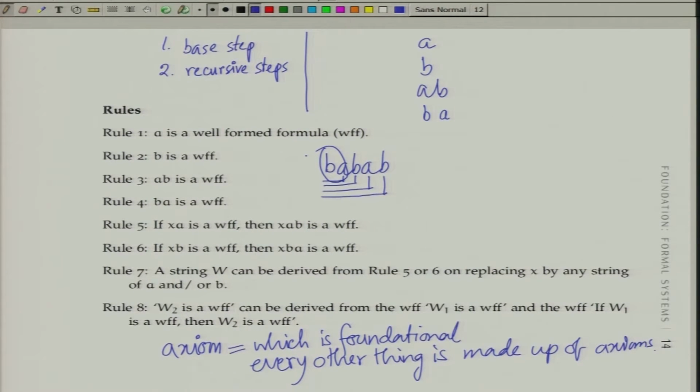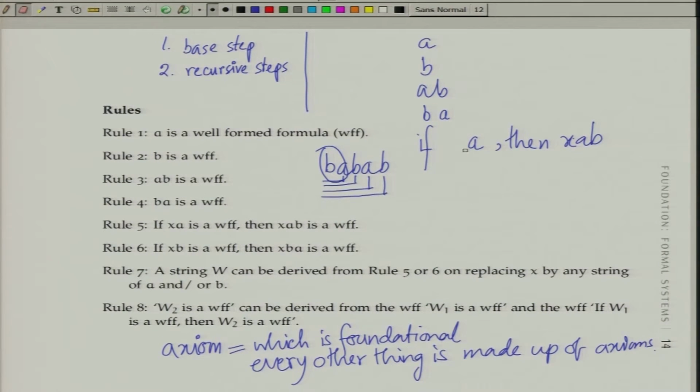I rewrite rule 5 by replacing X by B. I get, if XA is a WFF, then XAB is a WFF.